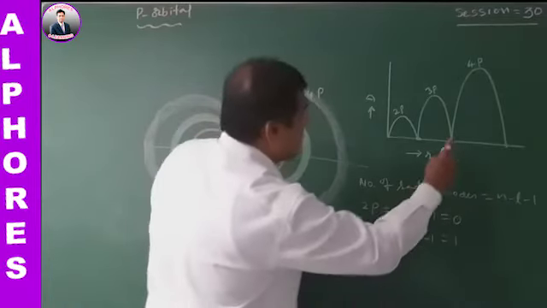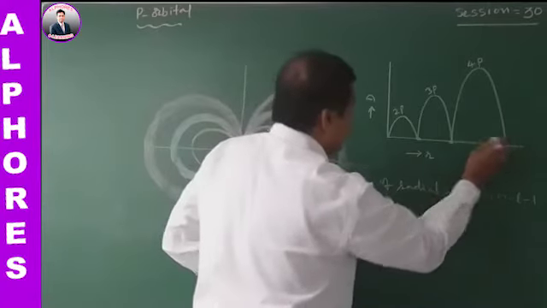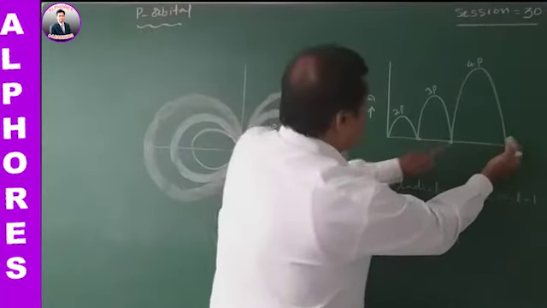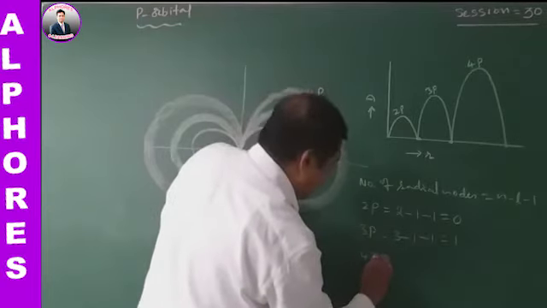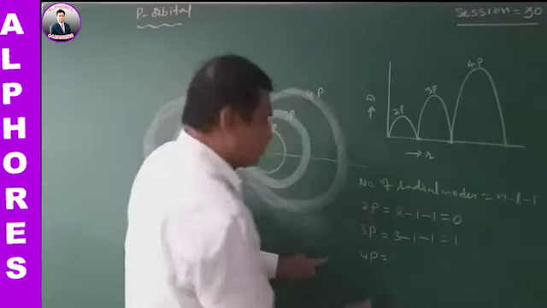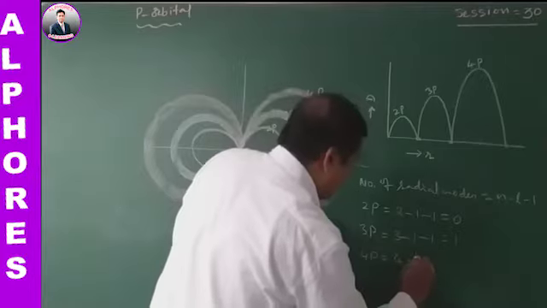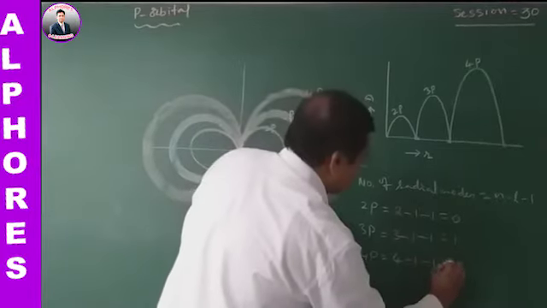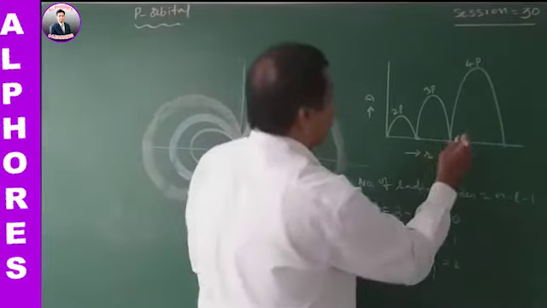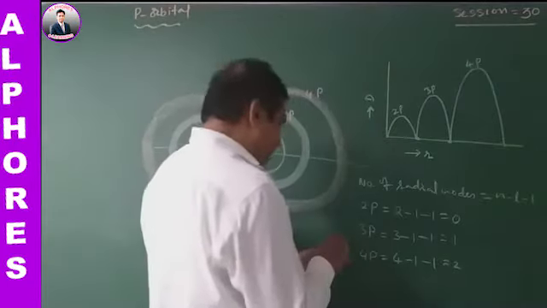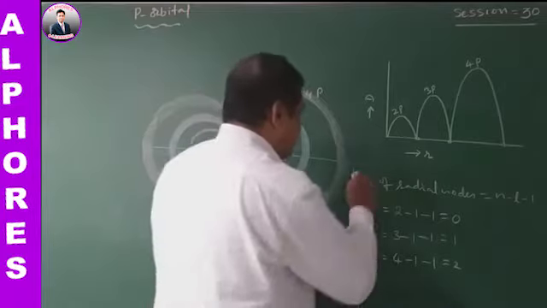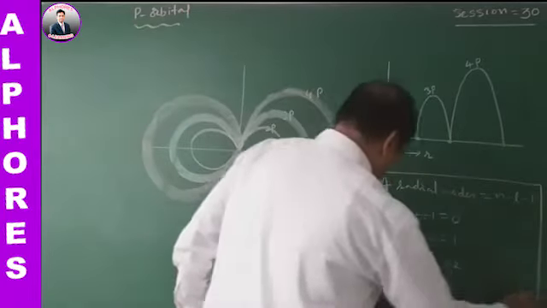Next for 4p orbital, we have two nodes. 4p is equal to 4 minus L value 1 minus 1, that is equal to 2. So these are the two nodes for the 4p orbital. This is about the number of radial nodes.